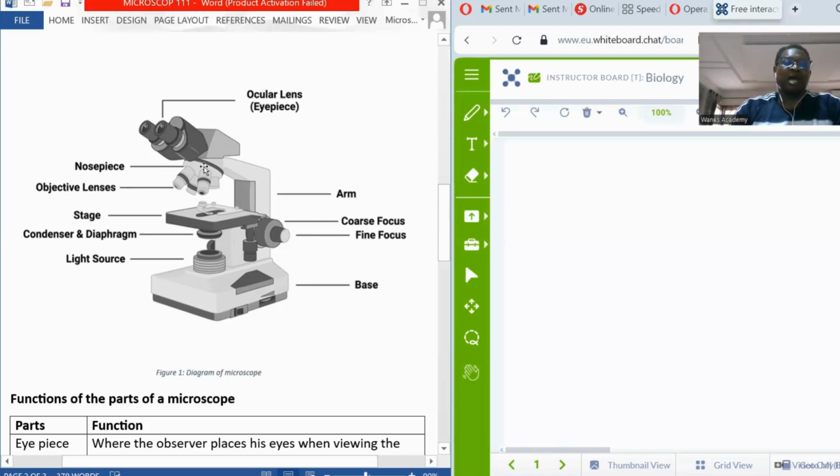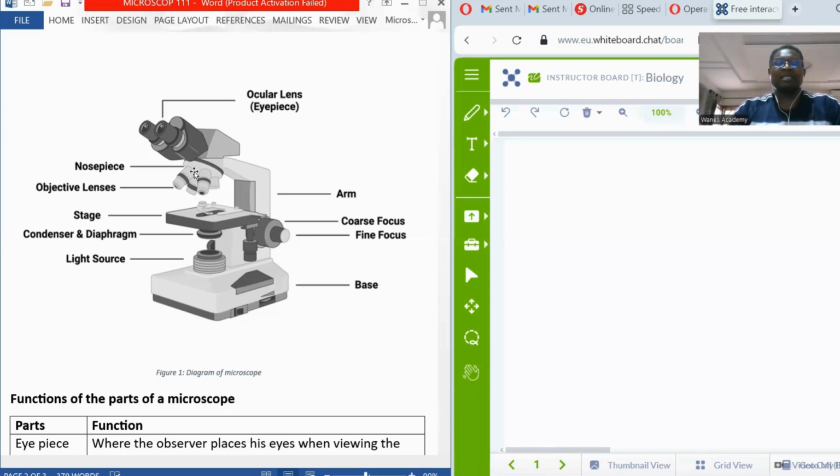Now, we have the nosepiece. The nosepiece carries the objective lenses. The objective lenses are the real magnifier. They are the tool in the microscope that enable the magnification of those tiny or microscopic specimens. So objective lenses are 3, depending on the size of the object or the size of magnification.